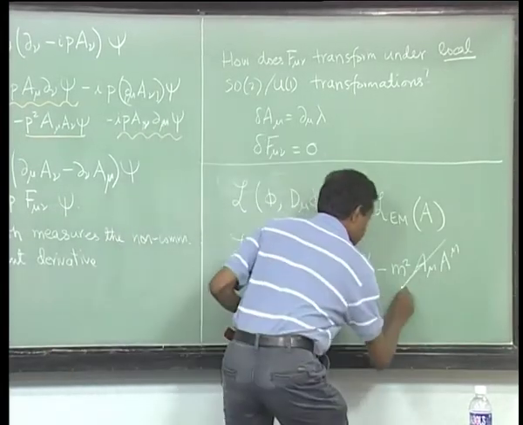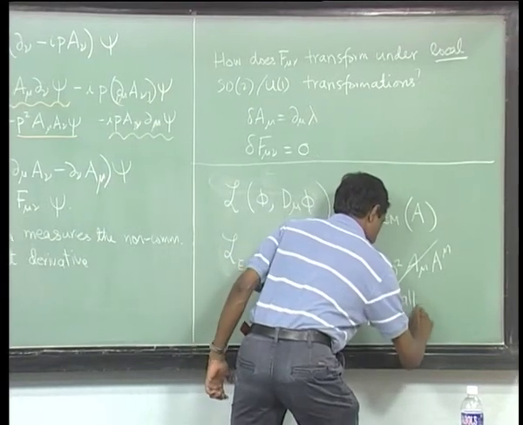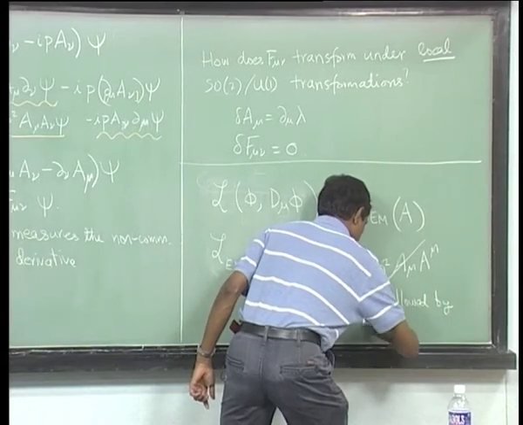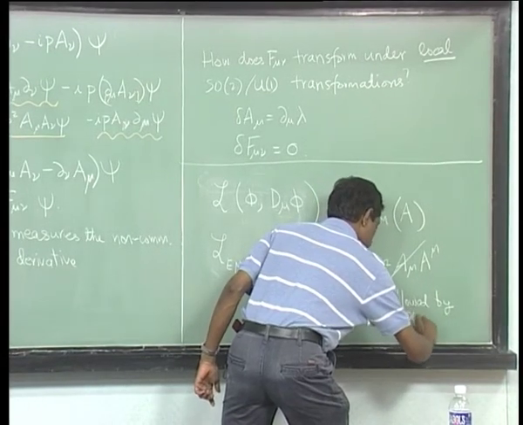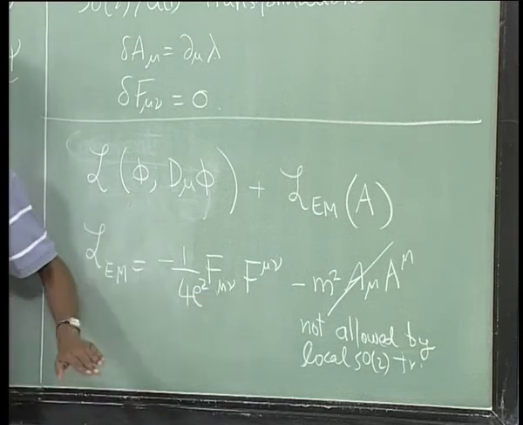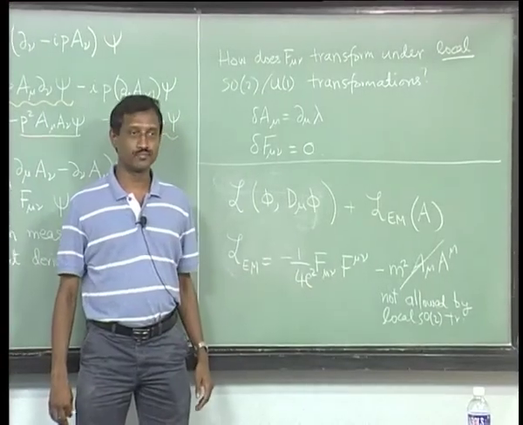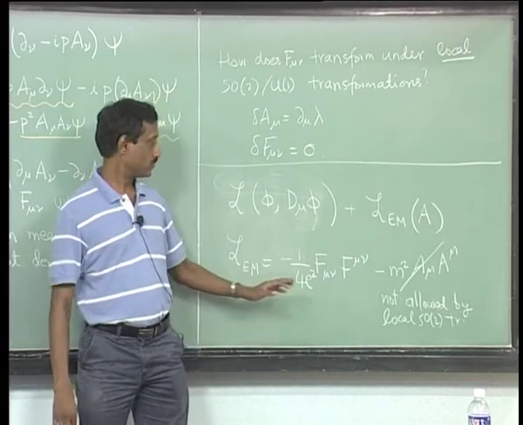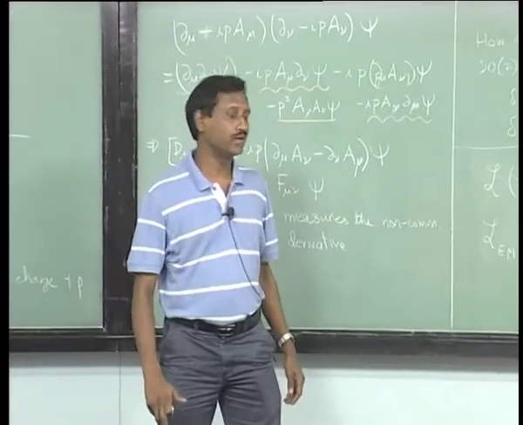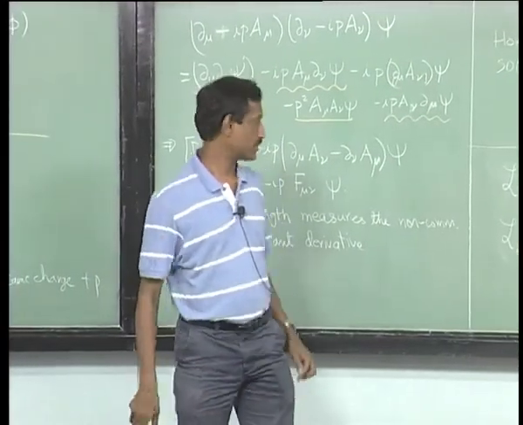So this is not allowed by local SO2, which you also call gauge transformation. In fact, no potential is possible, and we always restrict ourselves to two derivatives. This is the only term you can write, it is unique. If you permit higher derivatives, there are many more possibilities.